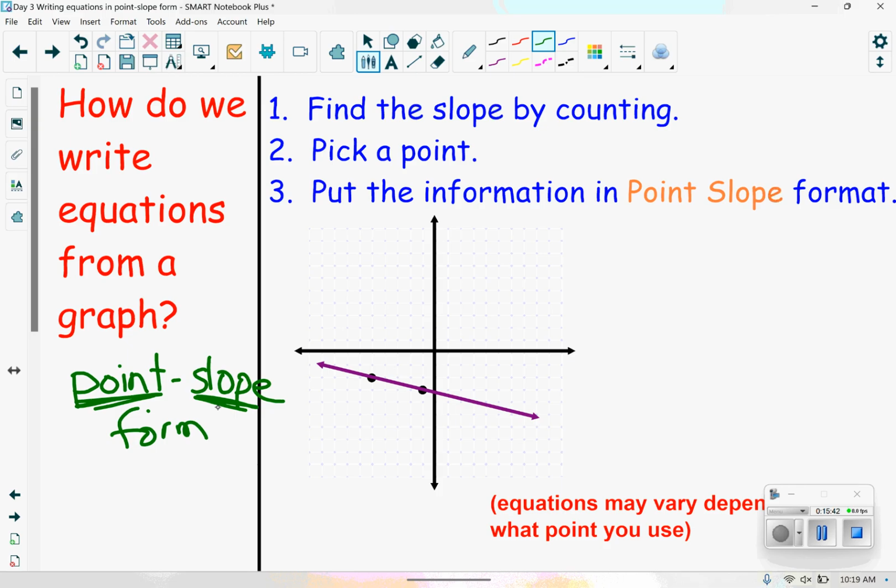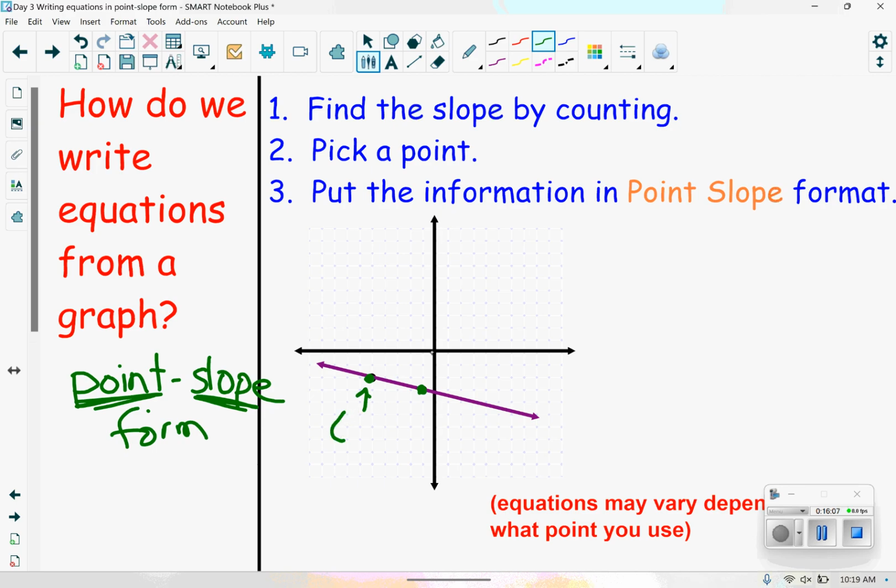So this graph has two places with dots on it, here and here. Unless the directions tell you otherwise, let's use the first point. Like if we were reading this graph from left to right, like a map, like a book, let's use the first point. In this case, it would be this point right here.